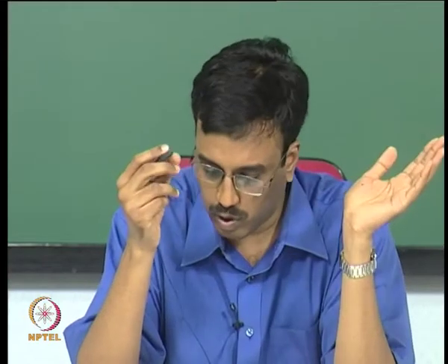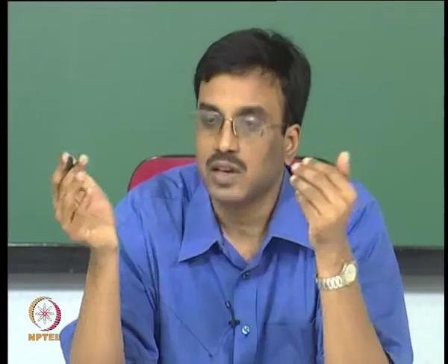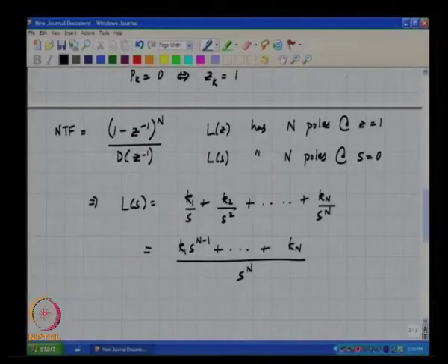For all practical purposes you can also assume that it is k naught s to the power n and find k naught through kn by going through the same process. Now you will have how many unknowns in this particular example? You have n unknowns, all you need to do is solve n equations and get the coefficients k1 through kn.